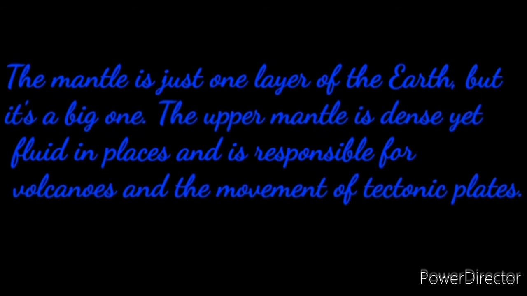Now some basic characteristics of the mantle. It is around 2900 km thick. It is about 85% by volume and 64% by mass of the total Earth. It is mainly made up of iron and silicates.